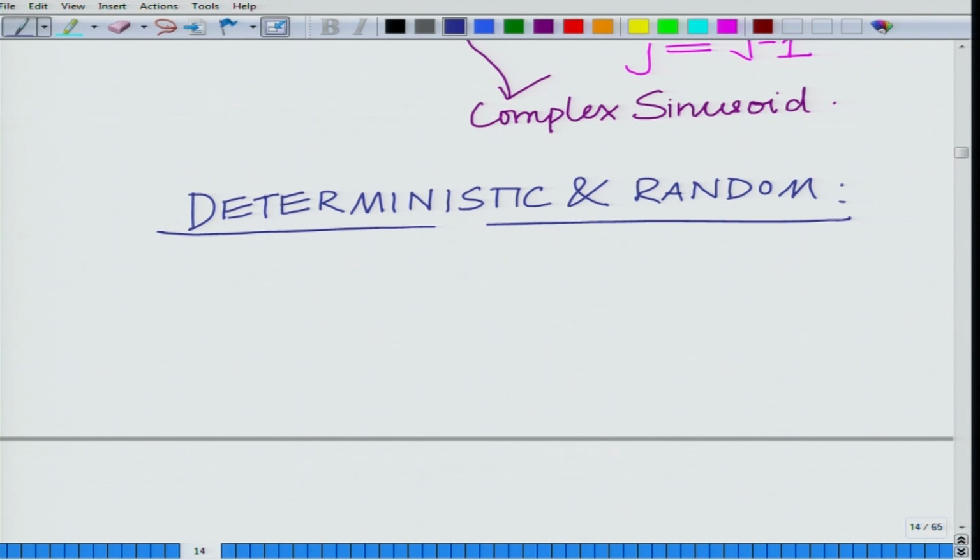Deterministic and random signals can also be either continuous time or discrete time signals. A deterministic signal is completely specified. It is deterministic, as the English word implies. It is determined.